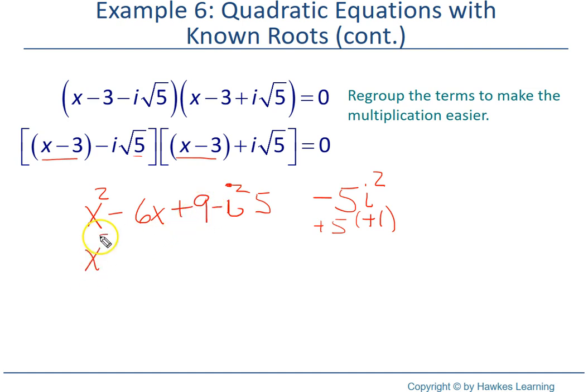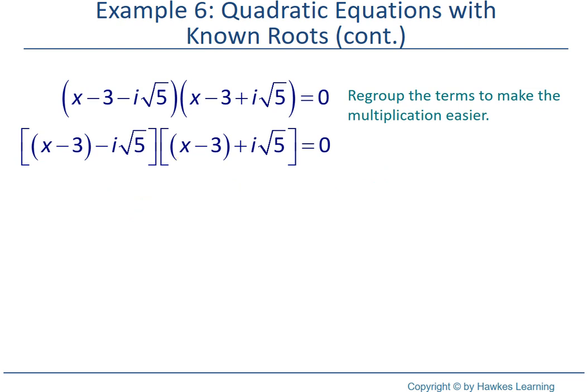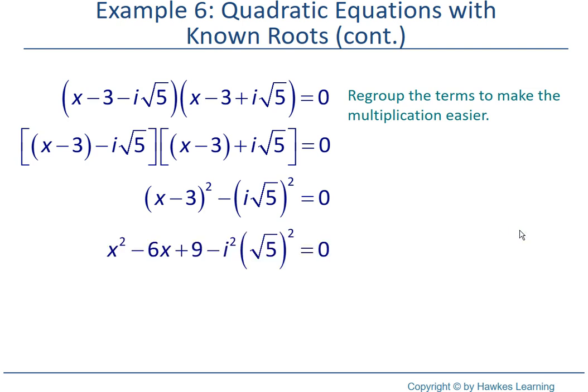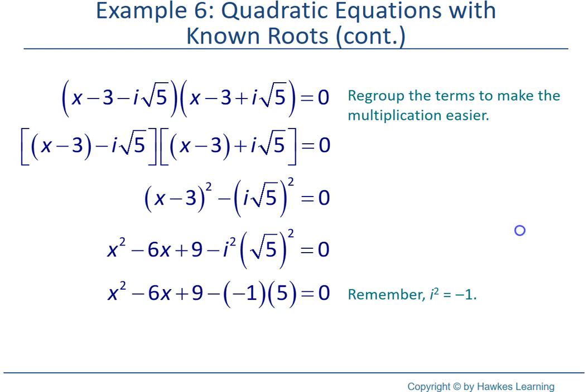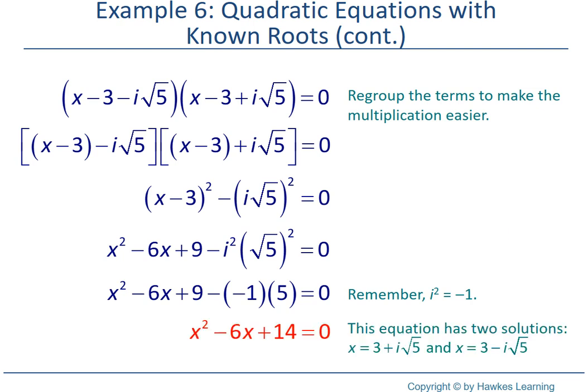So this will be x squared minus 6x plus 9 plus 5, which is 14, equals 0, and there is the equation. Very good. And there it is.